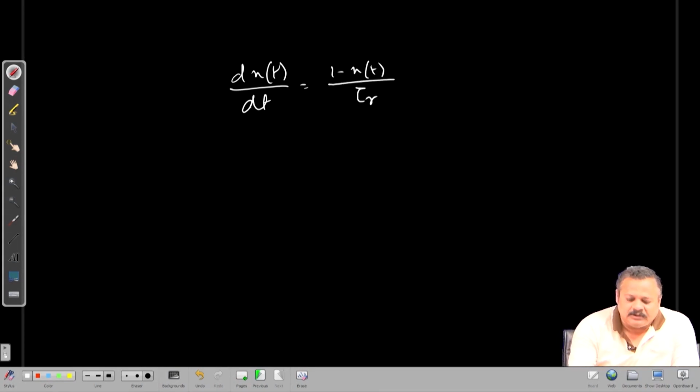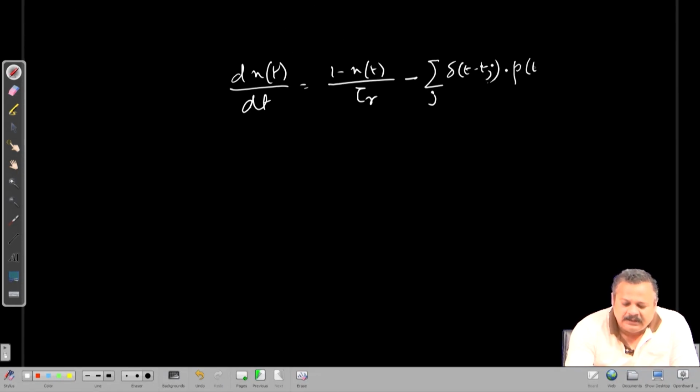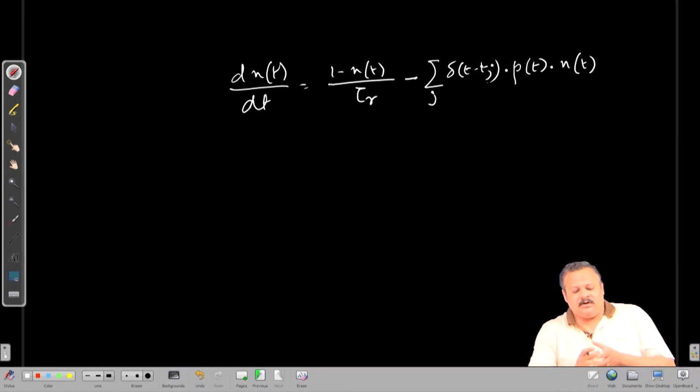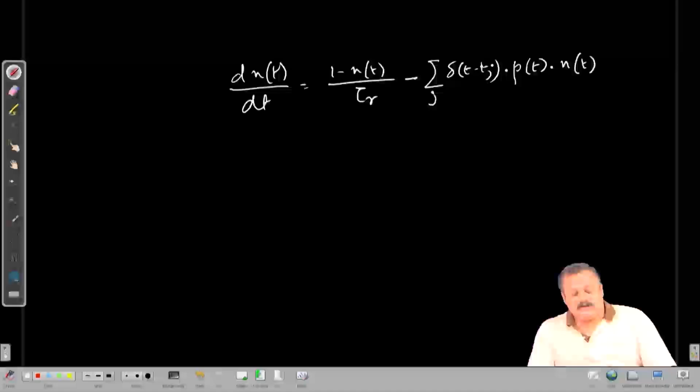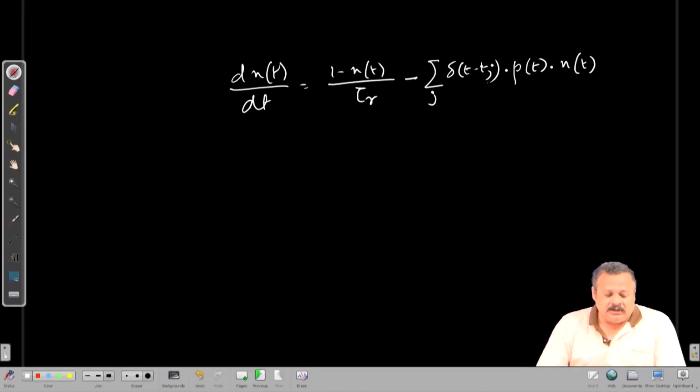This is the recovery time constant, and our usage is based on the sum over j delta t minus tj times pt times nt. So, given that we have a certain concentration of nt present, multiplied by the probability is the amount released for each and every spike, and that is how the nt is being reduced.